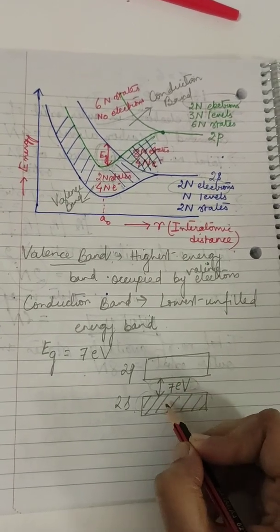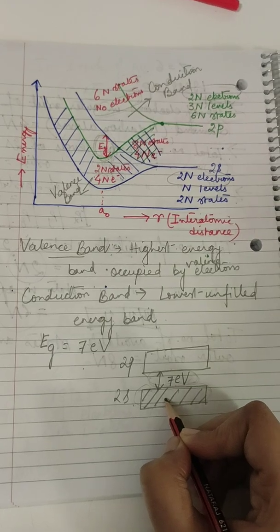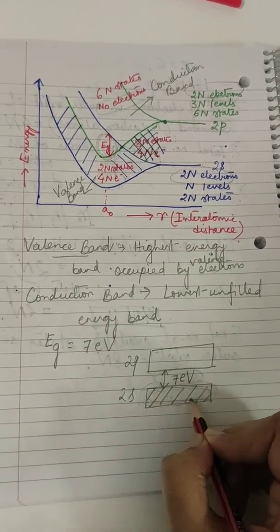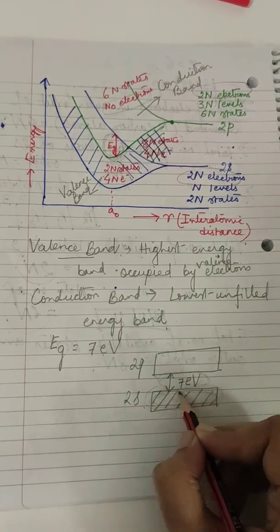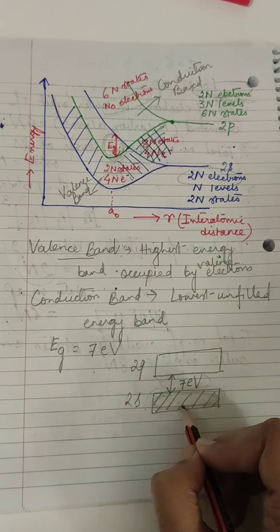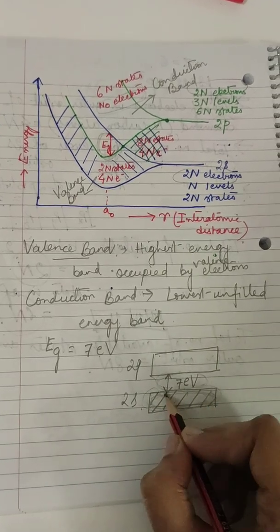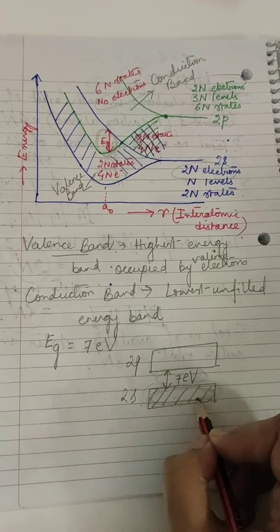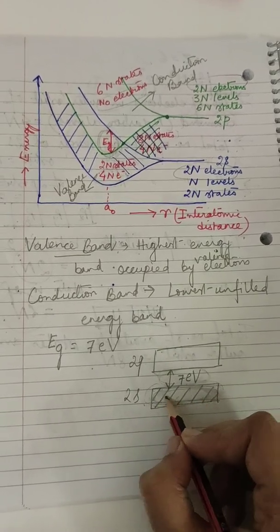Even if I give an electric field, the valence electrons in this valence band cannot move because there are no unoccupied energy levels. All the energy levels are filled up. So they cannot even move inside this valence band.